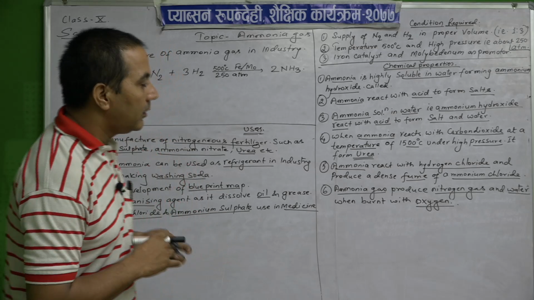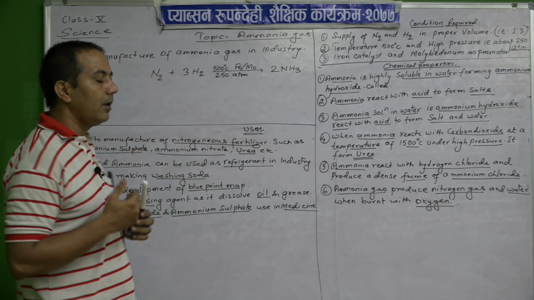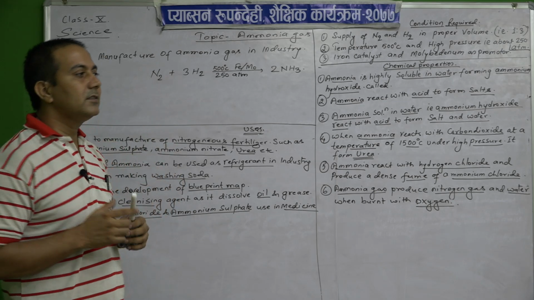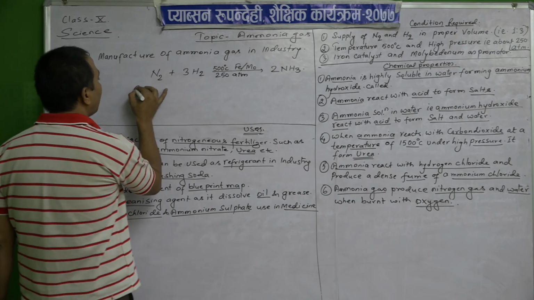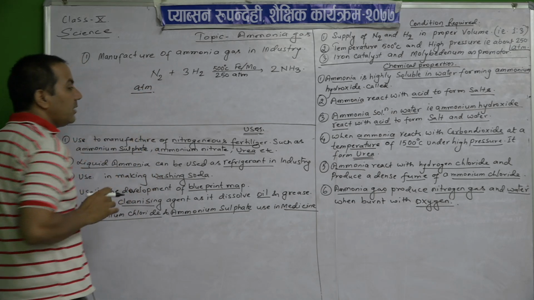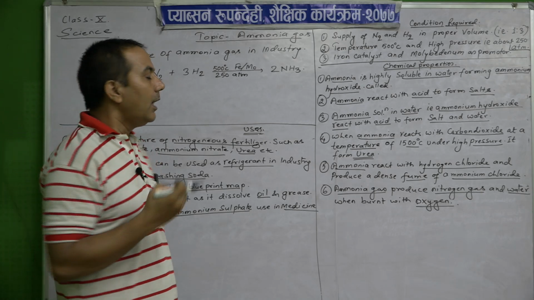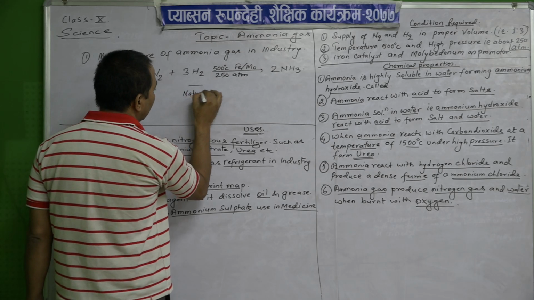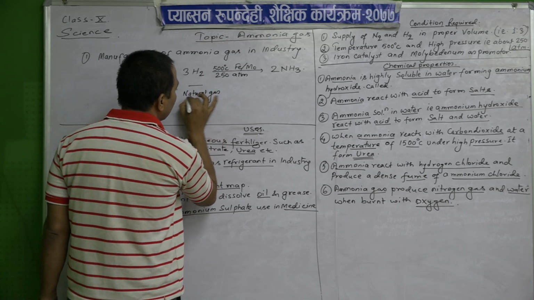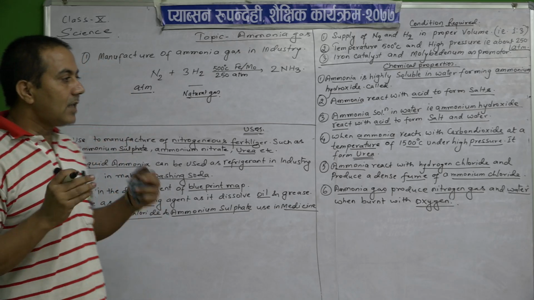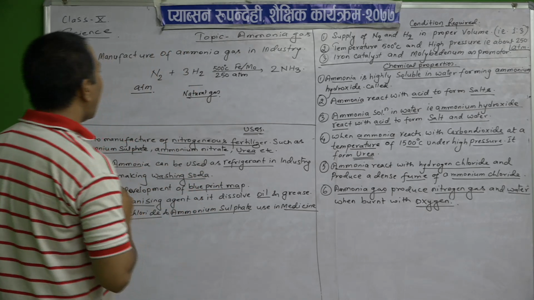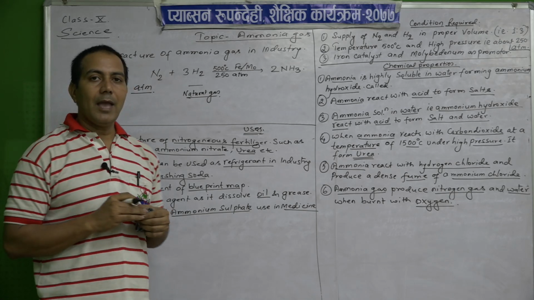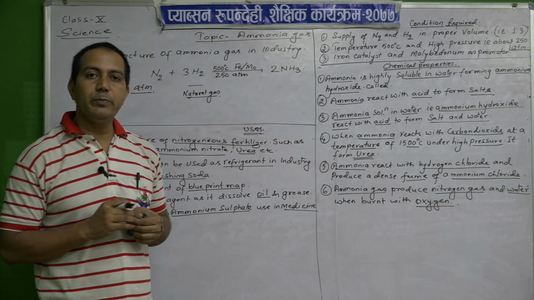How is it done? I already told you in the last class also. I will repeat the same. Nitrogen gas is taken from the atmosphere, and hydrogen gas is taken from natural gas, and these are passed through a temperature of 500 degrees Celsius and approximately 250 atmospheric pressure.